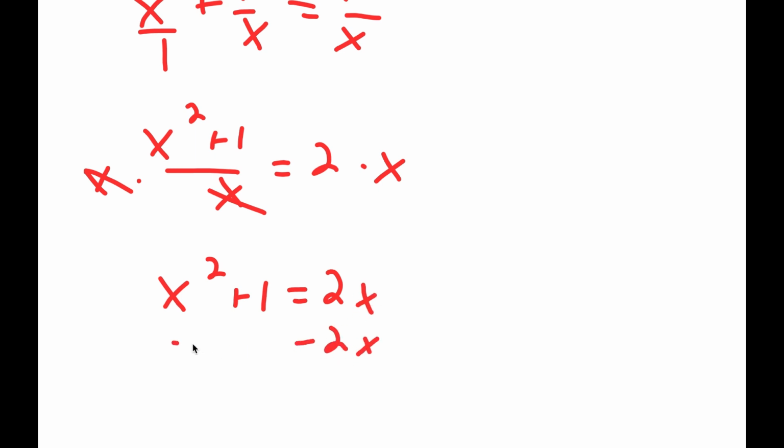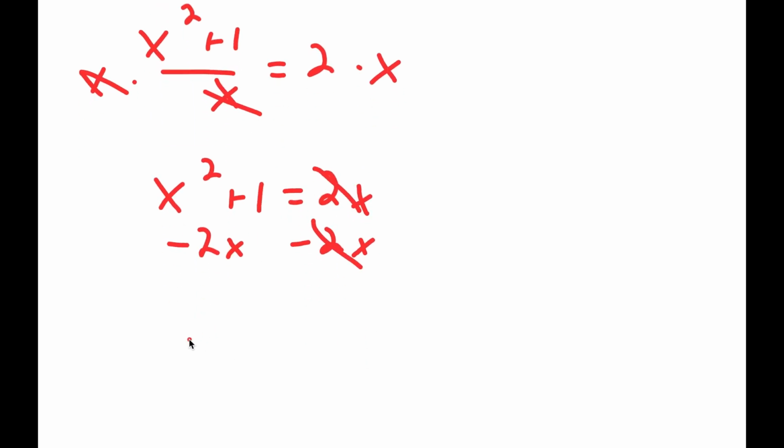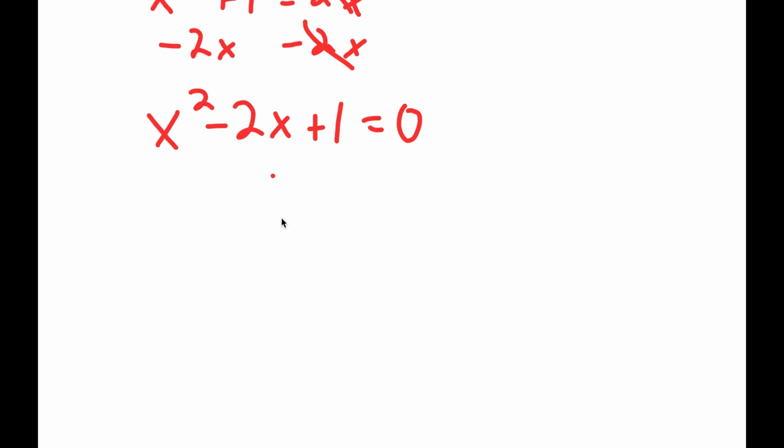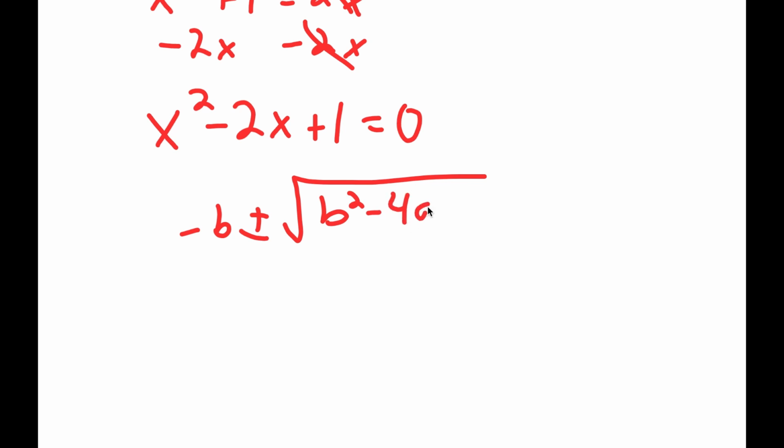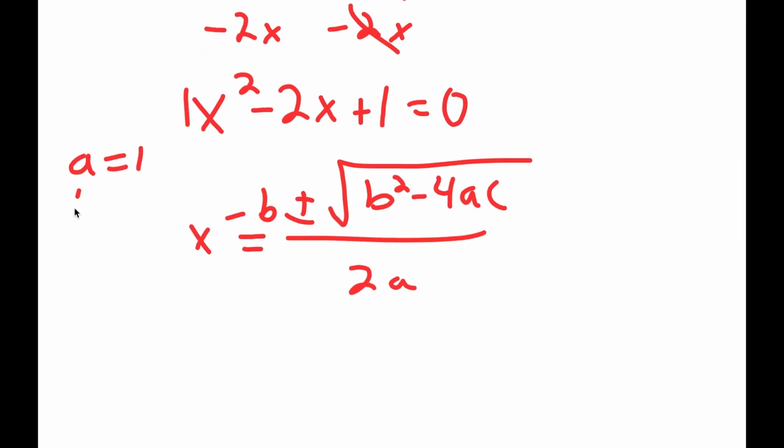Now if I subtract both sides by 2x, I get x squared minus 2x plus 1 is equal to 0. Now to solve this, we can use the quadratic formula, which is negative b plus or minus the square root of b squared minus 4ac all over 2a. So in this case, a is 1, b is negative 2, and c is 1.